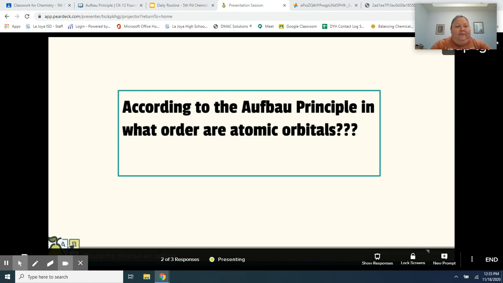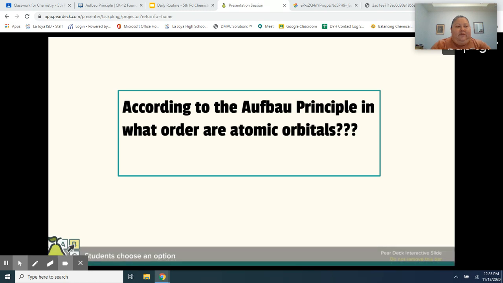So A is the order from lowest energy to highest. B, highest energy to lowest. What do you think?